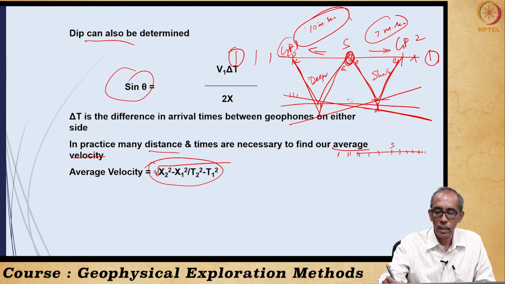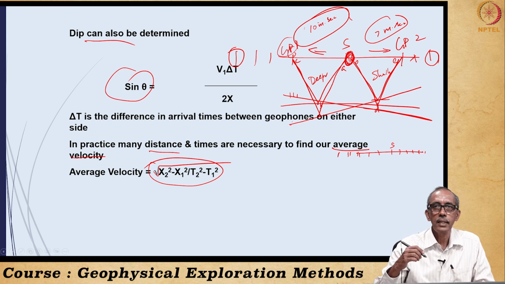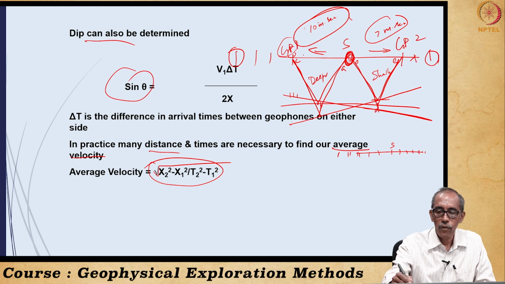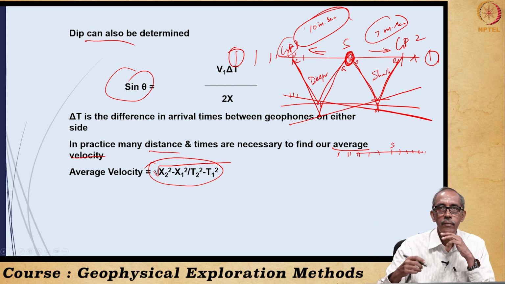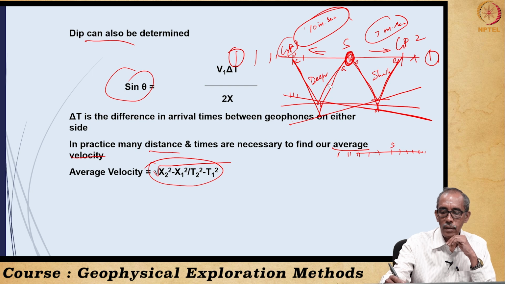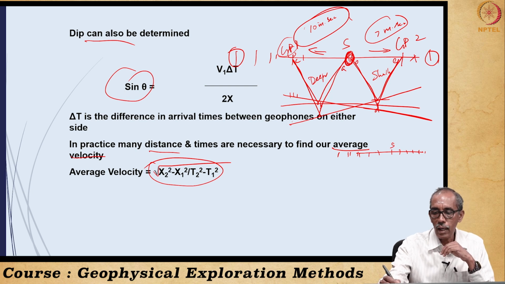I will redraw it. In this case we have a source at the center and the geophones are arranged on either side of the source, which means we are able to have the signals recorded on either end.